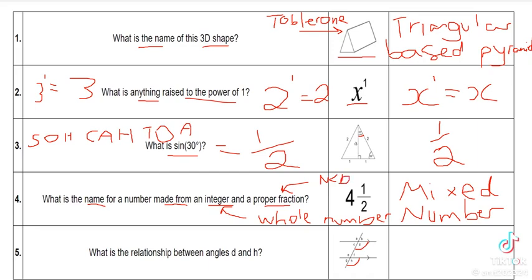This is question number 5. What is the relationship between angles D and H? The ones in red that I've circled, they're what I call corresponding angles.